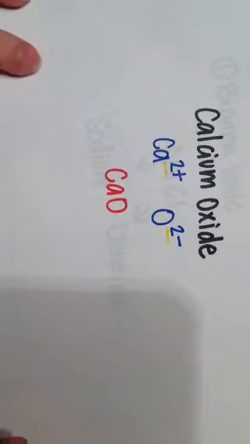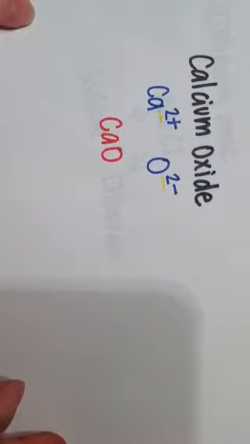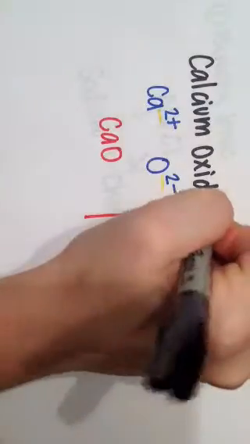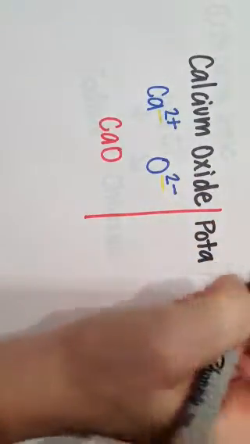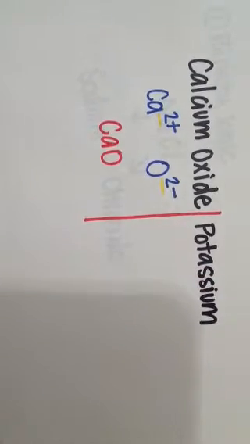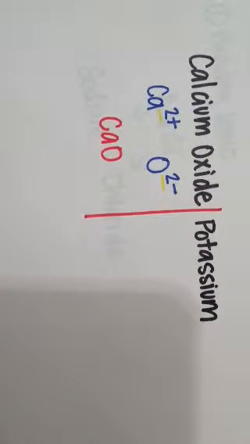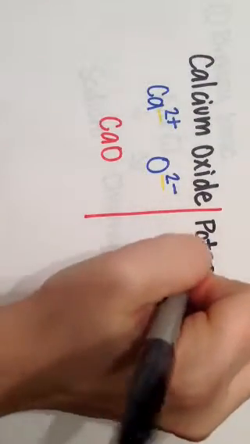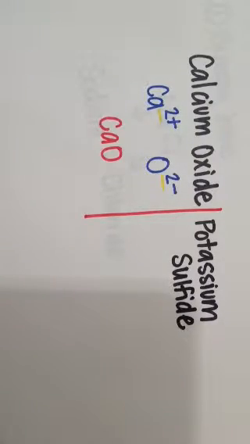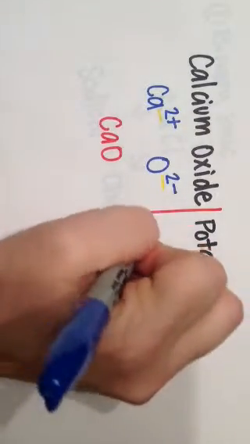Now, if our compound is not numerically the same, like for instance if we had potassium sulfide, alright, and we look these guys up on the periodic table.